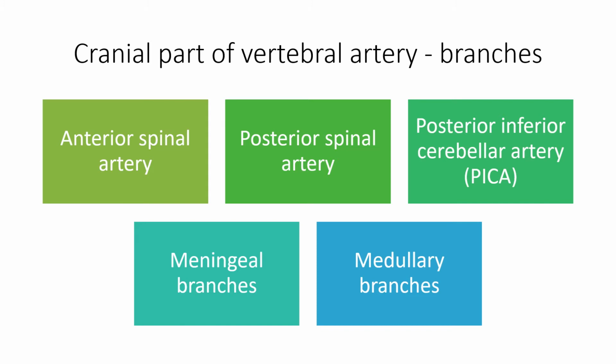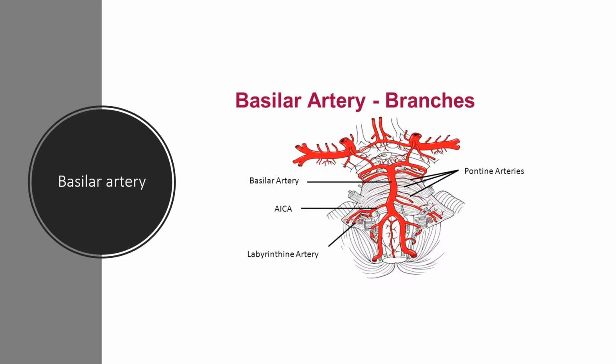The intracranial part of the vertebral artery gives 5 sets of branches, namely the anterior spinal, posterior spinal, posterior inferior cerebellar, meningeal, and medullary. As we have studied already, the basilar artery is formed by the union of the 2 vertebral arteries at the lower border of the pons.